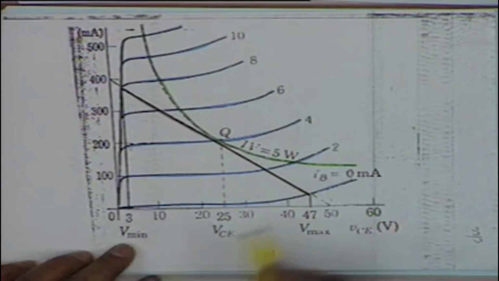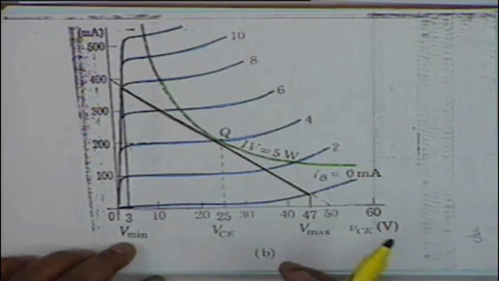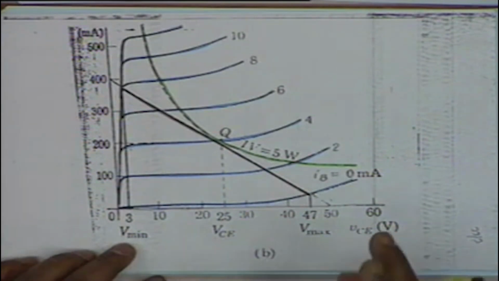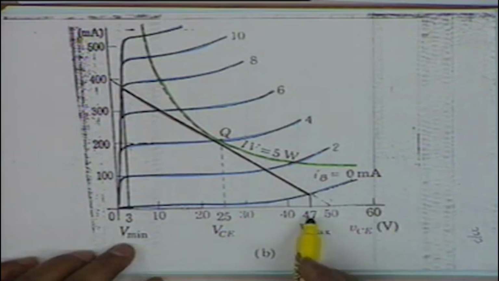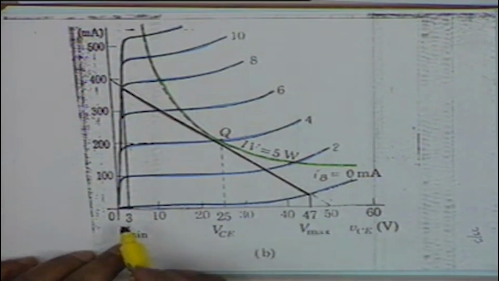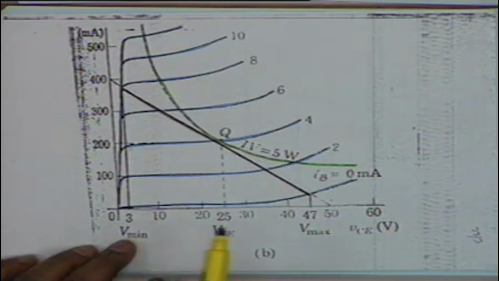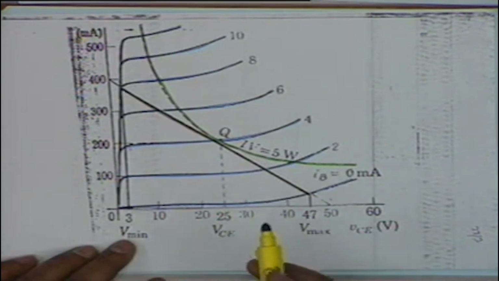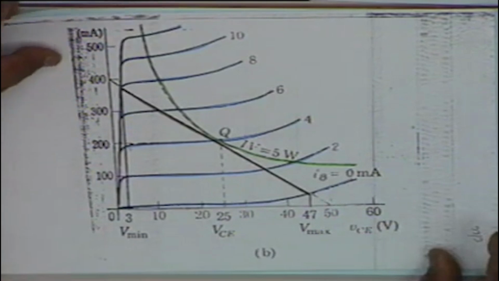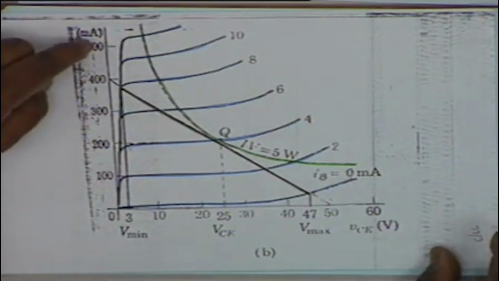All right, and therefore the root mean squared value of the output signal can be 47 minus 3, that is 44, divided by 2, that is the peak value, 22, and the root mean squared value shall be 22 divided by root 2. All right, is that clear? We are not taking the current into consideration.